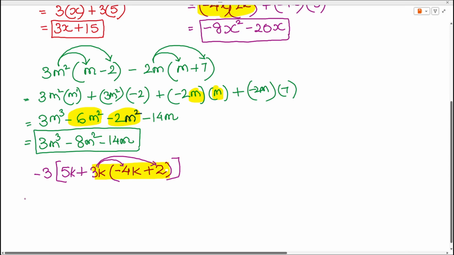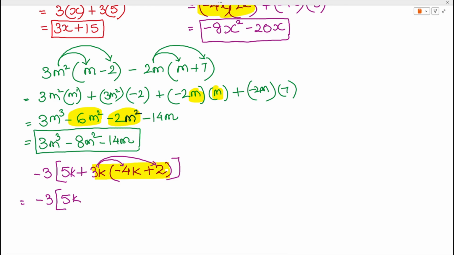So let us write it down. So we have negative 3 being multiplied by 5k, and now we have 3k being multiplied with negative 4k, and at the same time 3k being multiplied by a 2.